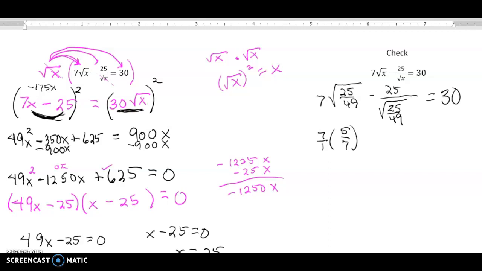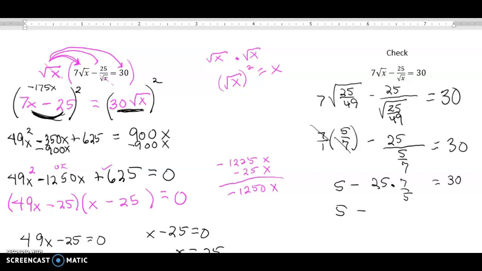The square root of 25 is 5, the square root of 49 is 7, minus 25 divided by 5/7. We'll see if it equals 30. So those two cancel. We have 5 minus 25 divided by 5/7, which is the same as multiplying by 7/5. And we'll see if it equals 30.